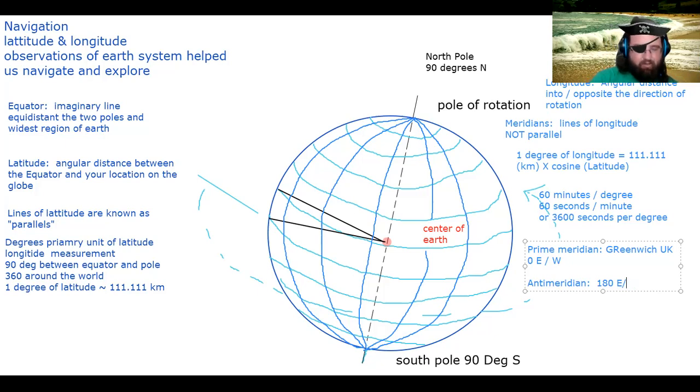Intriguingly enough, I had to deal with the anti-meridian quite a bit in my work because the area in Antarctica I was looking at crossed right through there. And so we had to invent a completely different coordinate system to deal with the fact that you're going from 180 and then going down.